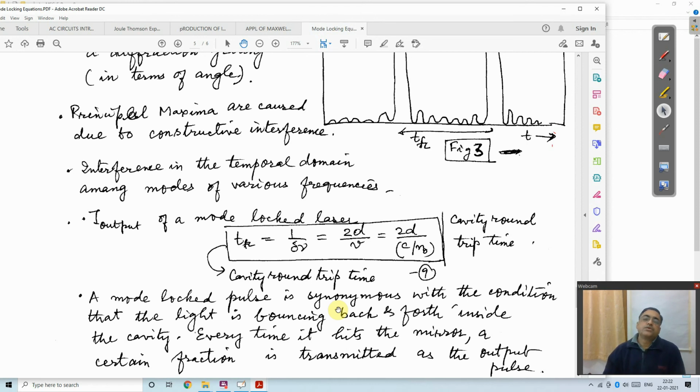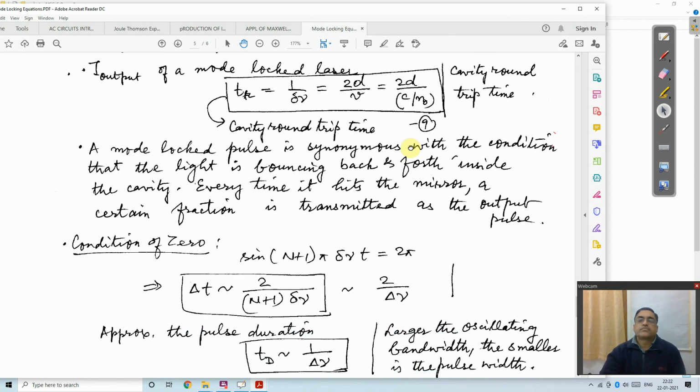So 2d by c, the cavity round trip time. A mode locked pulse is synonymous with the condition that the light is bouncing back and forth inside the cavity. Every time it hits the mirror, a certain fraction is transmitted as the output pulse.